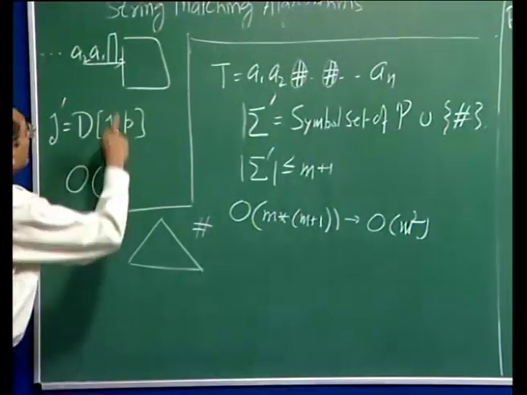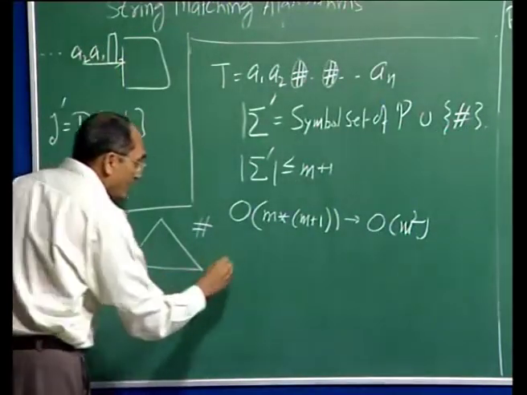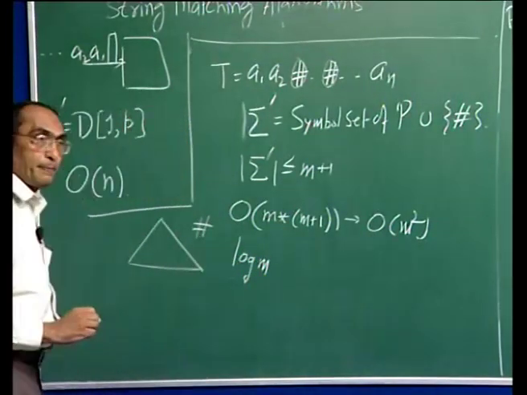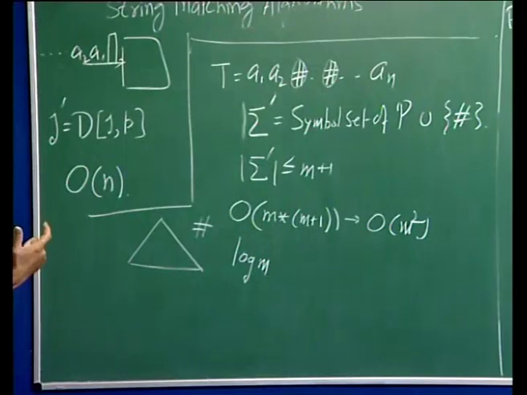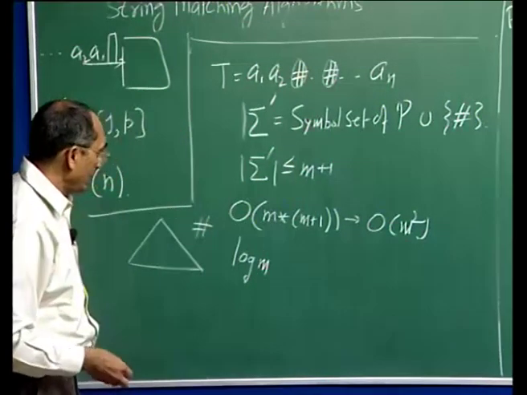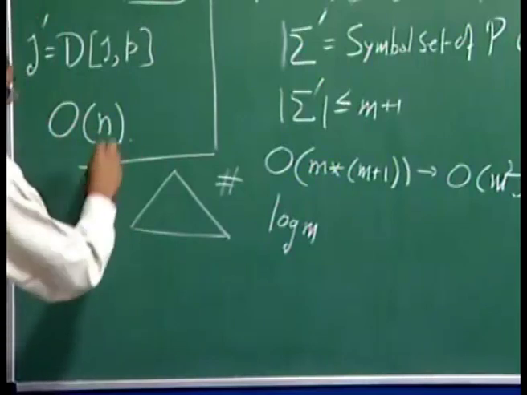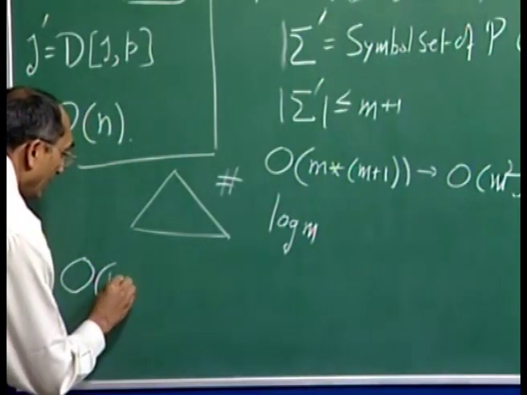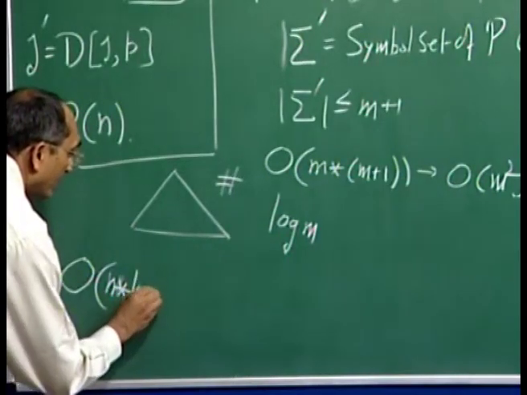So, this transition will take log m time for each symbol to detect whether it is a symbol of p or an alien symbol. In that case the cost will rise to n times log m.